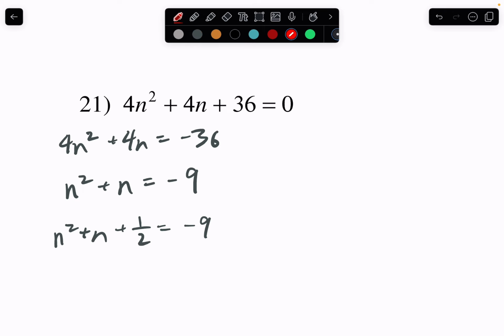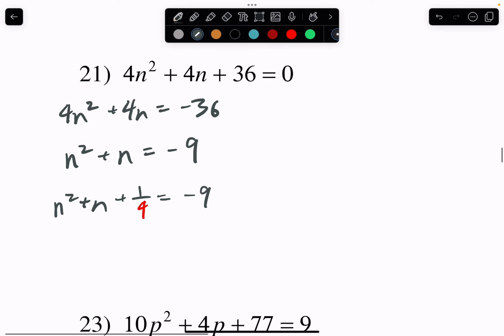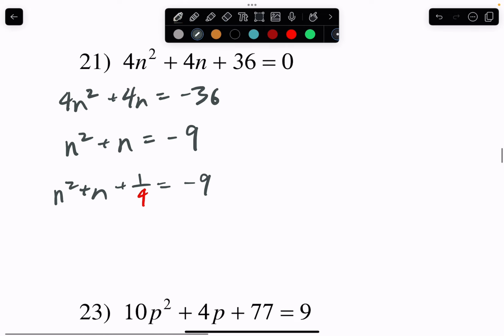Okay, so I think we're close. I'm comparing my solution to Photomath's. Instead of 1/2, they use 1/4. I did think about placing 1/4 earlier, but I didn't think it was gonna yield the right answer. Let's try it out.